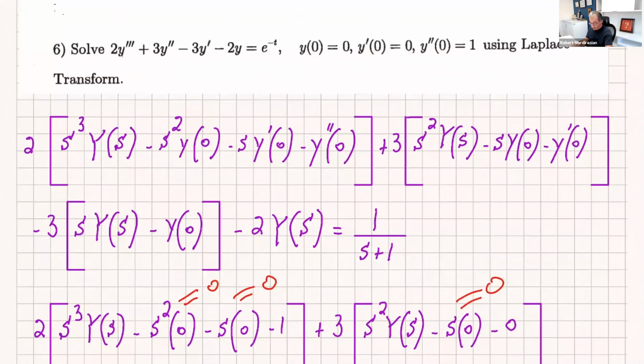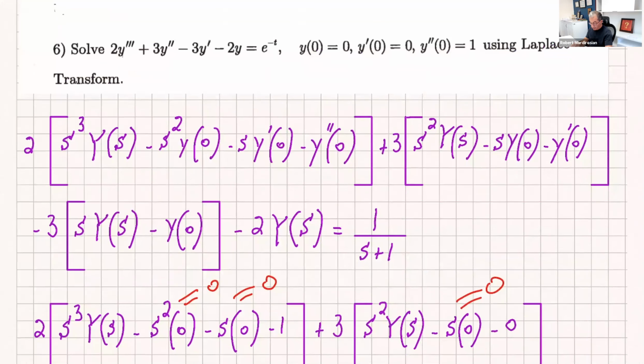Now we substitute y''', so it's 2 times, and that's how you write it. You start with, if it's triple prime, s cubed times Y(s) minus s squared times y(0) minus s times y'(0) minus y''(0), plus 3 times, then it's the second derivative, you start with s squared times Y(s) minus s times y(0) minus y'(0).